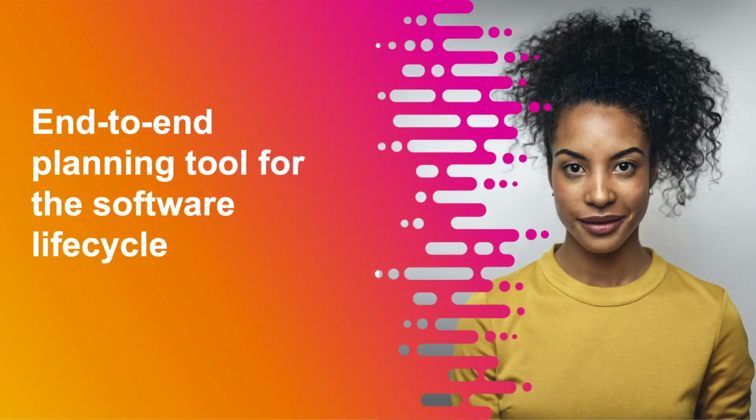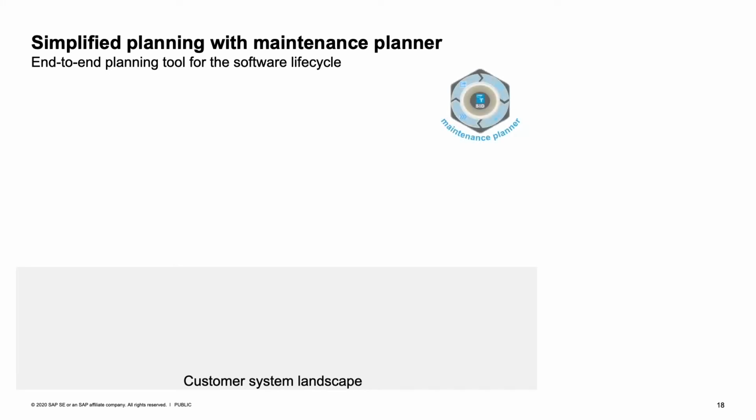So what we saw in the demo was the latest features, and now let us take a look at the planning capabilities which has been available, and we are enhancing and extending these capabilities. So we offer comprehensive functionality in Maintenance Planner, starting with installation of all kinds of systems.